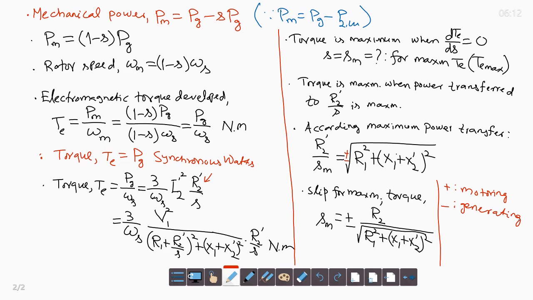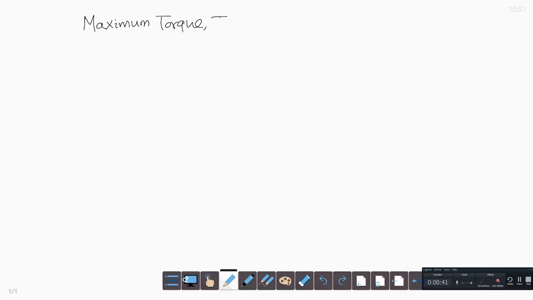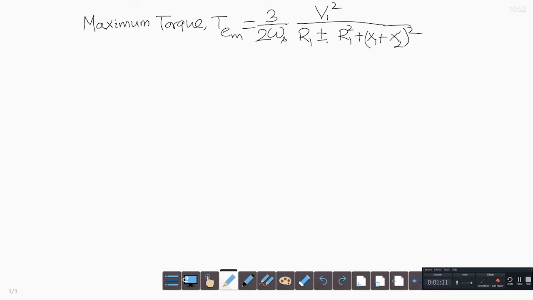So, using this value of maximum slip Sm in the torque expression, we can get the maximum torque. TEM is given by 3 by 2 omega s, omega s is the synchronous speed, into V1 square divided by R1 plus or minus square root of R1 square plus X1 plus X2 dash square.